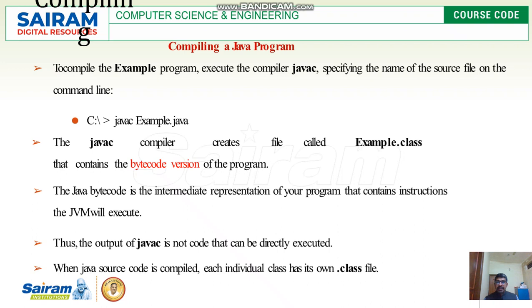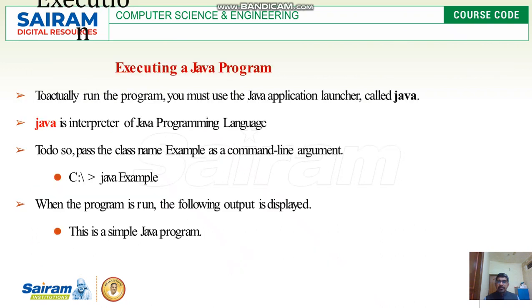Next, let us see how we can compile it. You can go to the command prompt and give the command javac, then your file name. In the previous case we have taken Example.java, which is going to compile your program. Once it is done, your code will be converted into bytecode, and bytecode is code which is machine independent.